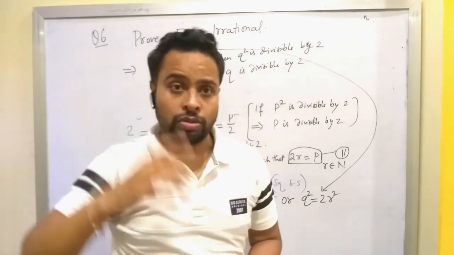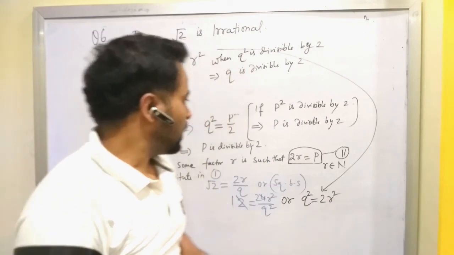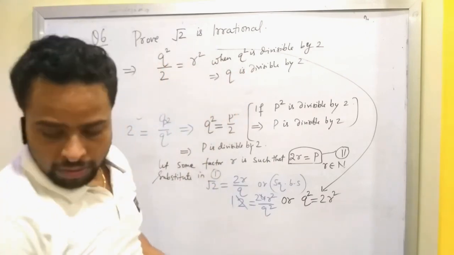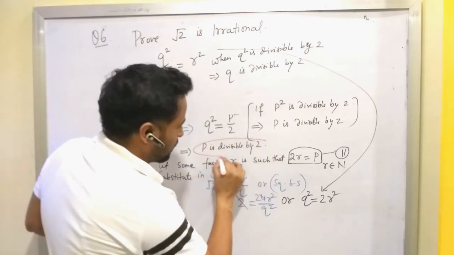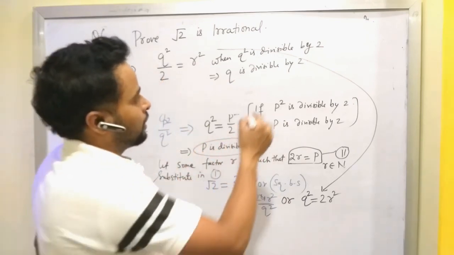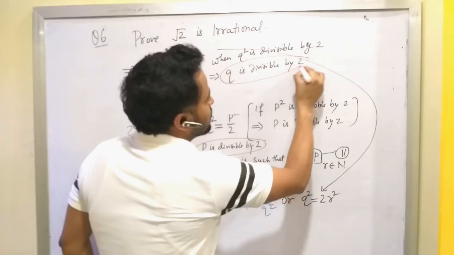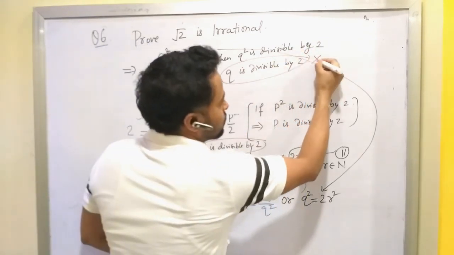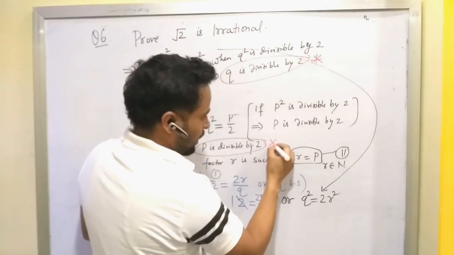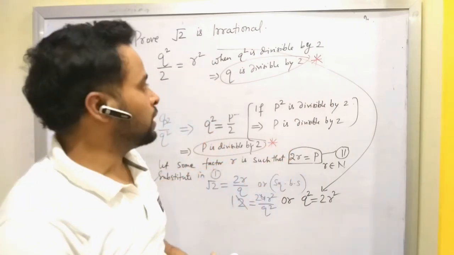Raise your eyebrows. You know why? Because I have proved two things. I am marking with red: the first one is p is divisible by 2, and the second one is q is divisible by 2. I am making it asterisk here. This is one asterisk, this is the second asterisk. You have to get these two terms there.